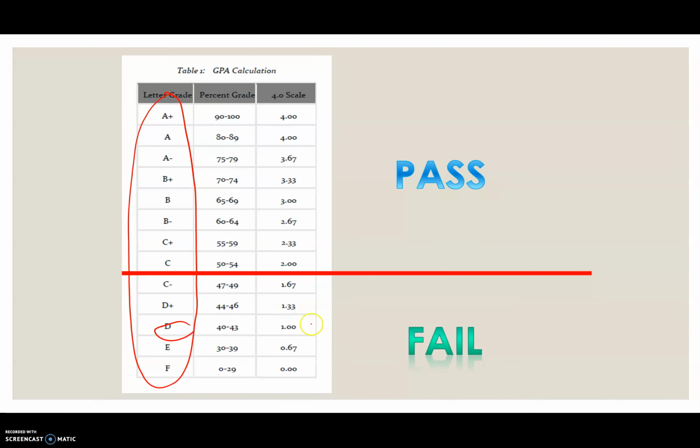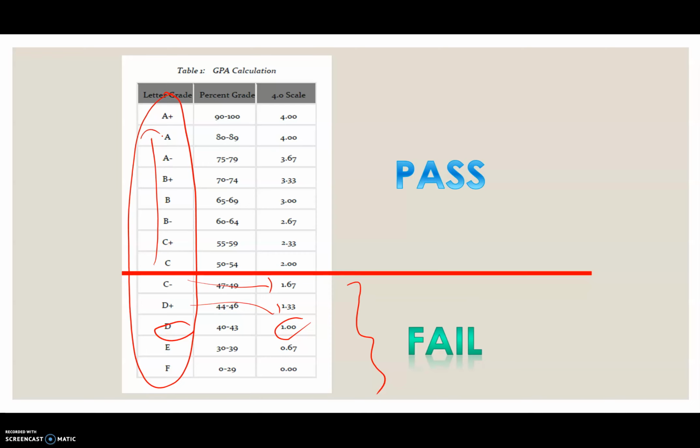A D will give you 1 point, D plus 1.33, C minus 1.67. However, all these points will show that you fail the subject. So C minus and below is a fail, meaning you have to repeat the subject, right? Okay, so to pass the subject, you have to get C and above.